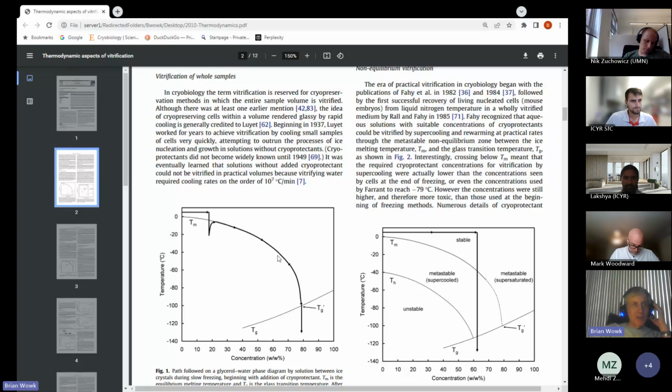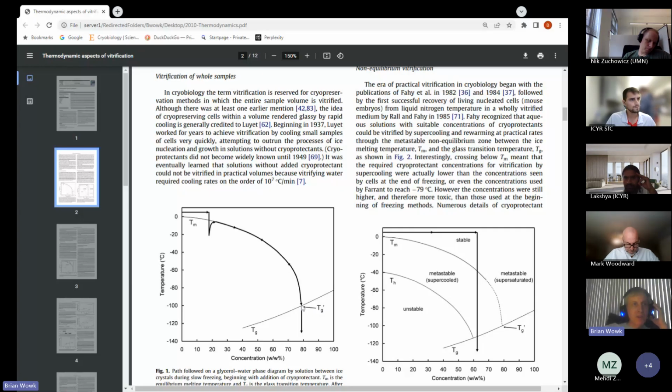Or what you can do is, if you're patient, you can continue cooling along this liquidus curve all the way down, and then eventually you interact with the glass transition temperature, which itself is concentration dependent, but where there's a point where the melting temperature intersects with a glass transition temperature curve called Tg prime, and that is the glass transition temperature in the maximum freeze-concentrated solution.